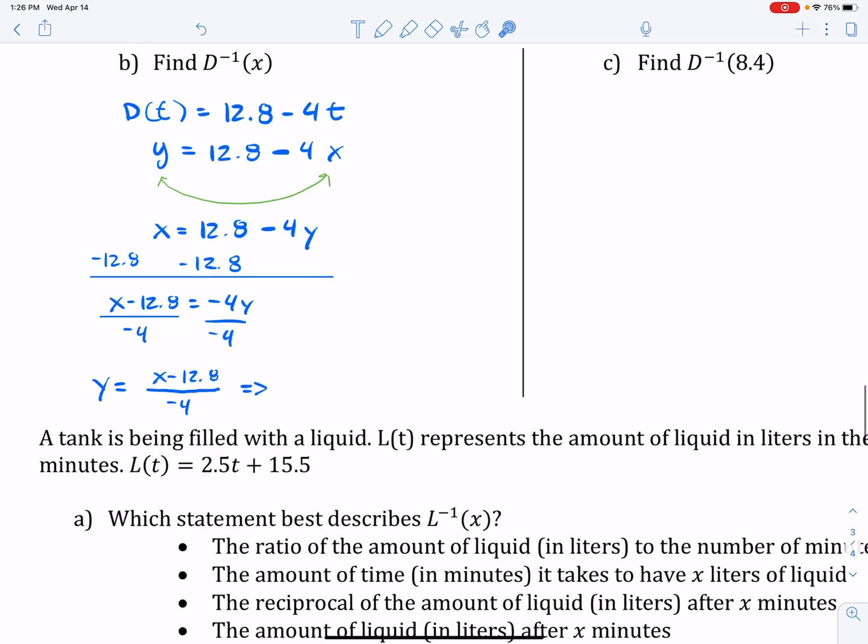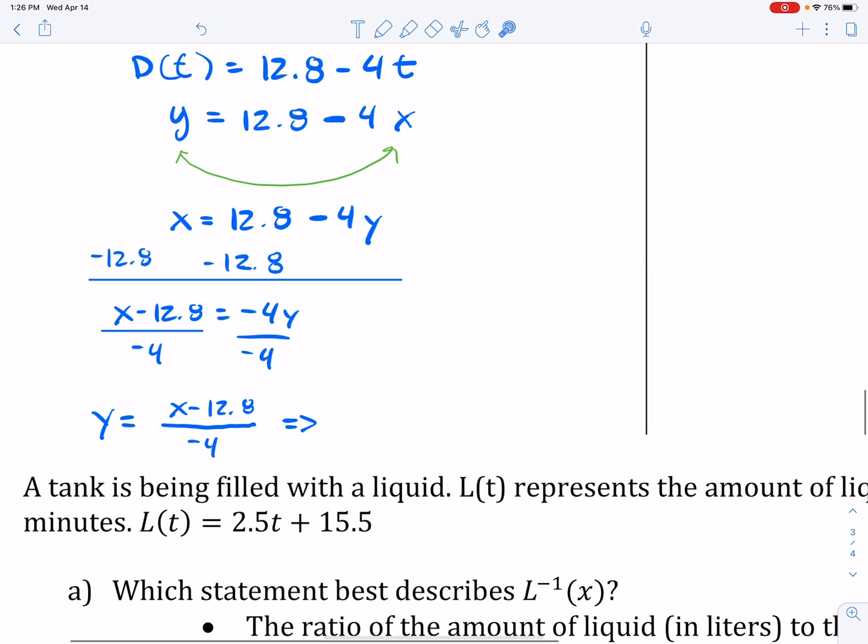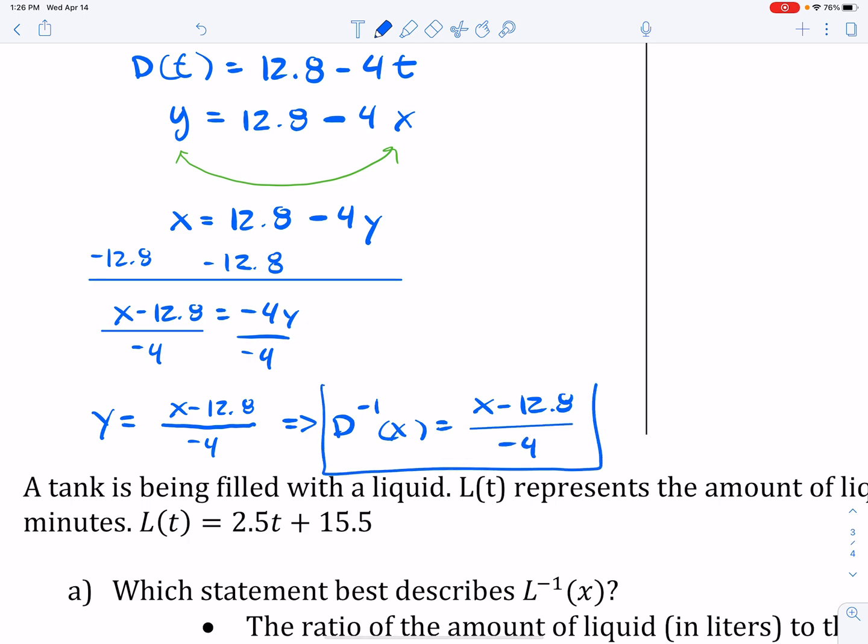I know what the inverse of d of t is, right here. So we're going to have the inverse: that's going to be x minus 12.8 all over negative 4. Very similar to the problems that we just practiced above.